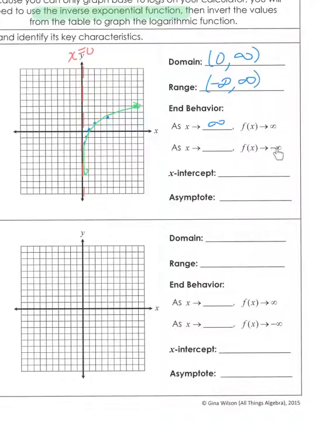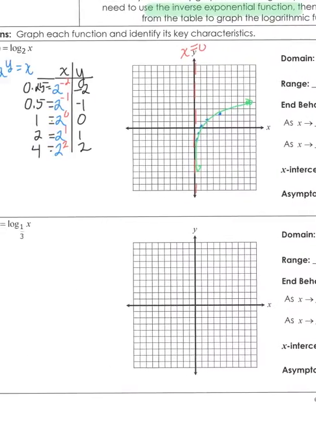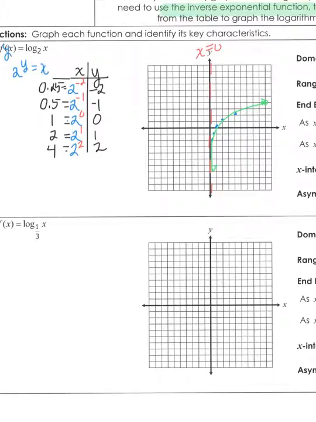Now, as y approaches negative infinity, where is y going down? Y is going down here on the left-hand side. So as y goes down, x is not going down. X is getting closer and closer to this asymptote, but not actually touching it. You can kind of see that in your table of values. If you look over here, as y gets smaller, x is getting smaller and smaller, and it's going to start approaching 0.